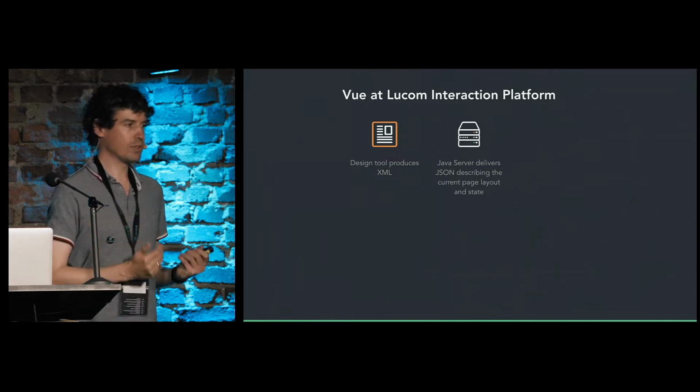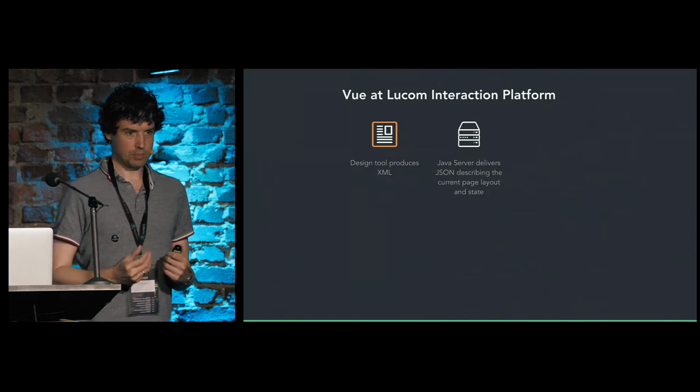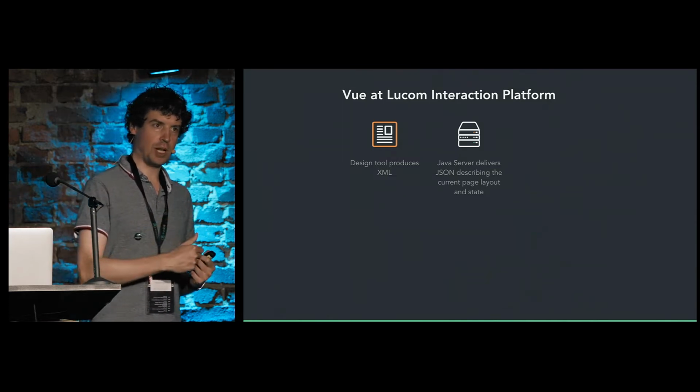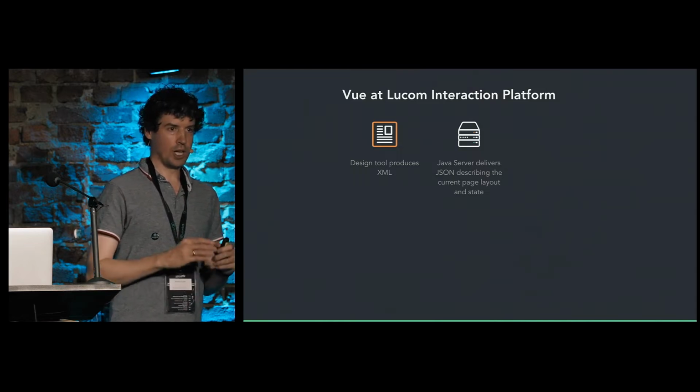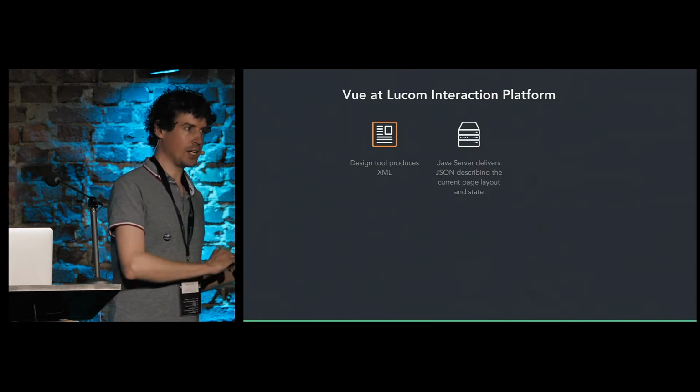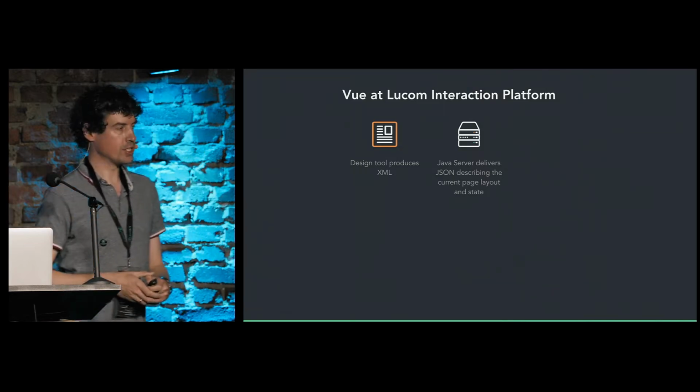So this is a specific tool which produces at the end an XML file. This is then uploaded to our Java server, and at runtime, when someone opens the form, the server interprets this XML and generates a JSON out of it, containing all the information the client side needs to represent this form.